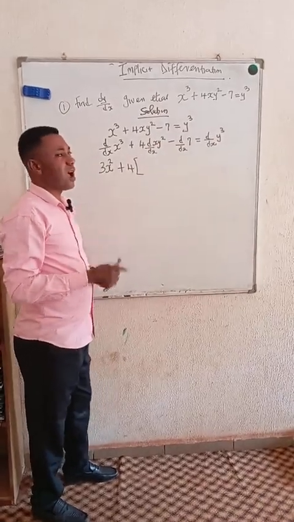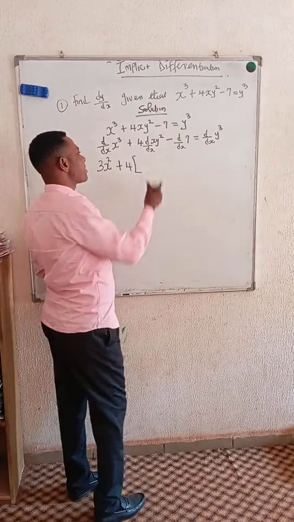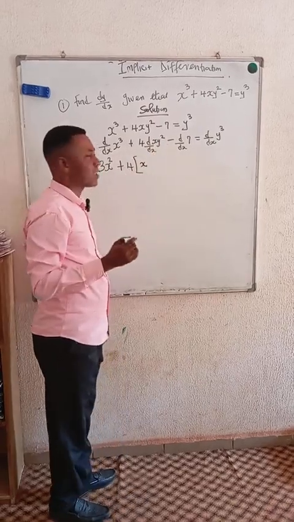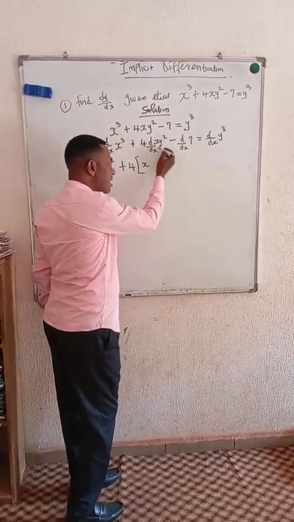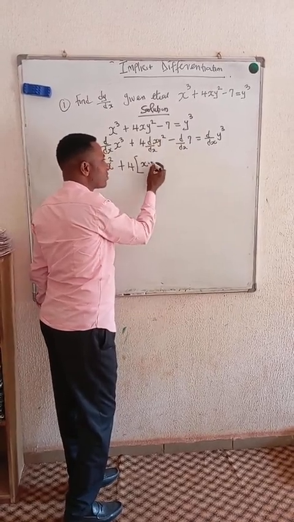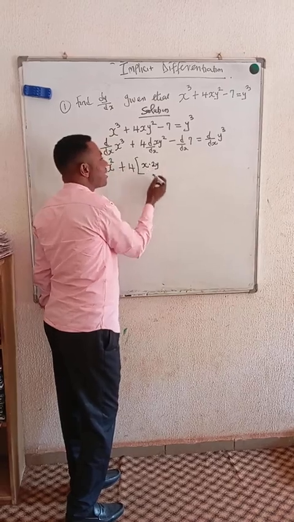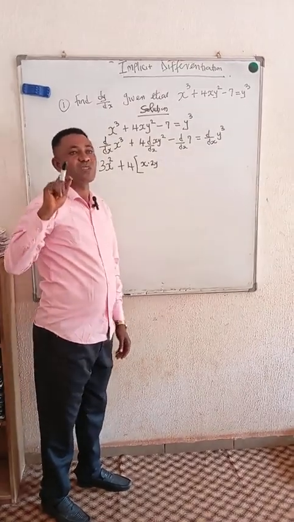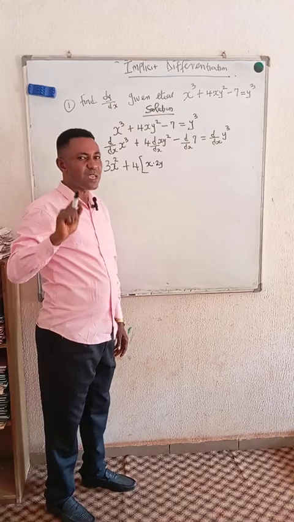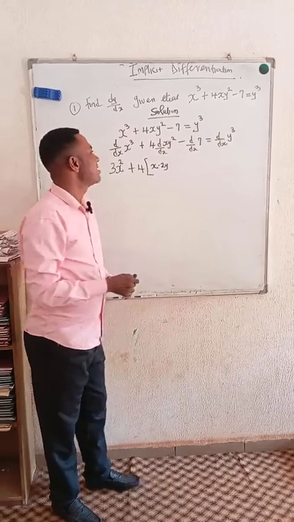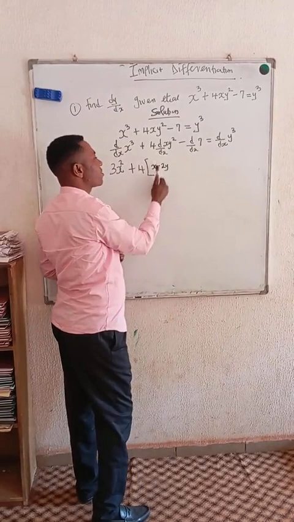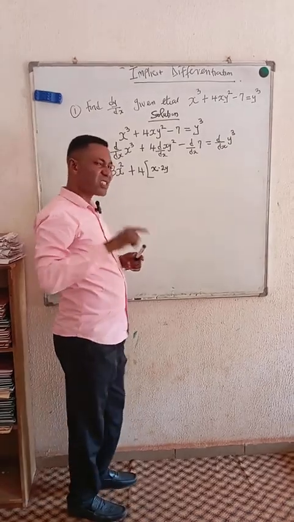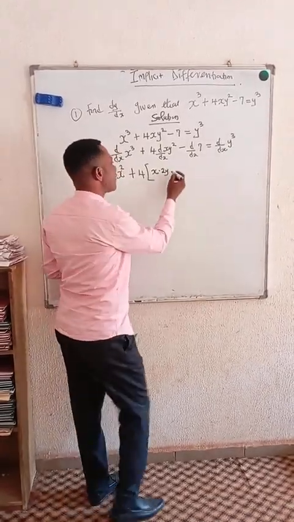We can decide to keep x constant to differentiate y squared. Differentiating y squared, we have 2y. But I told us earlier that anywhere you differentiate with respect to y, you multiply the result immediately with dy/dx.